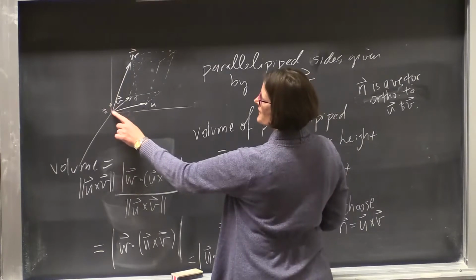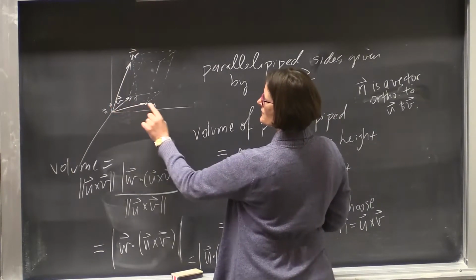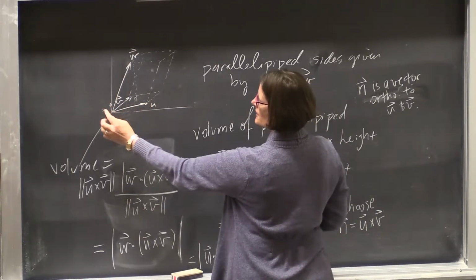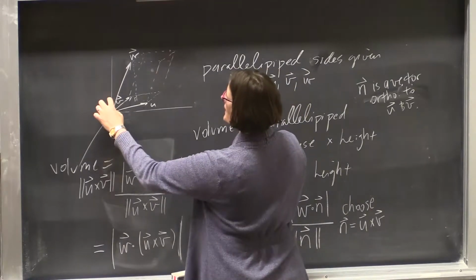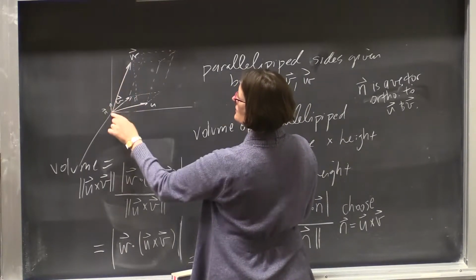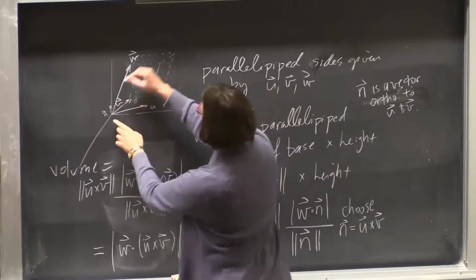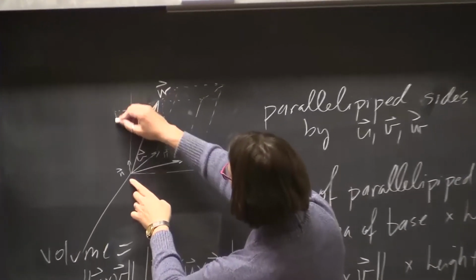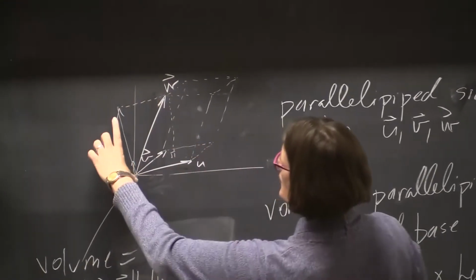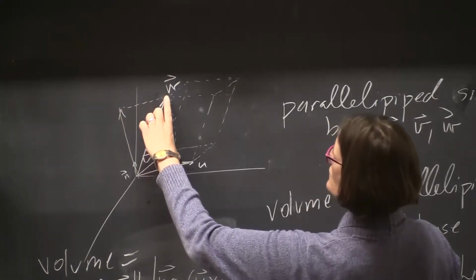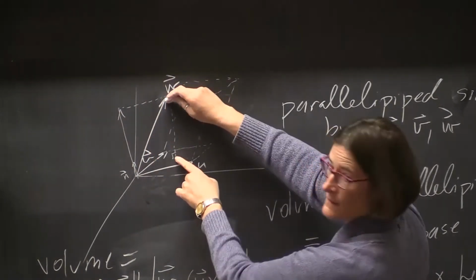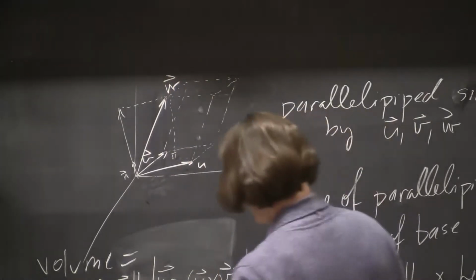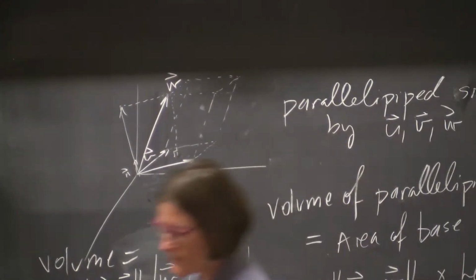For sure, this normal vector is not u cross v because it's not long enough, but it's normal. When I project this vector onto that normal, I'm going to get this thing, which if I were to translate it over, would give me this. So it's the thing we did earlier with finding the distance between a point and a plane.